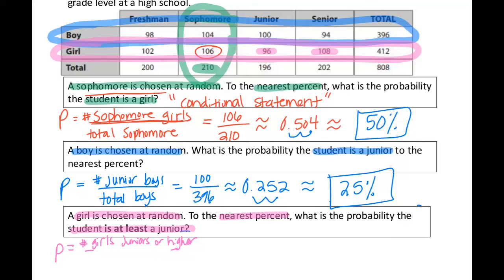That's what the at least means, anything higher than a junior. And then we're focusing on the girls. So this is going to be total for girls. So in this case, I would do the 96 plus the 108 over, what's my total for girls? 412.